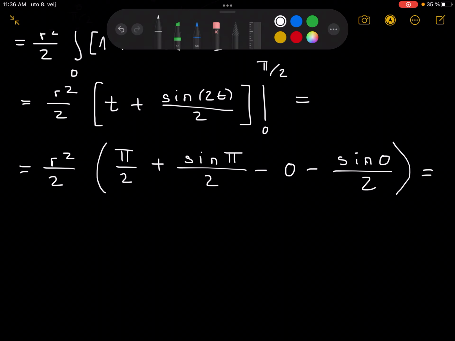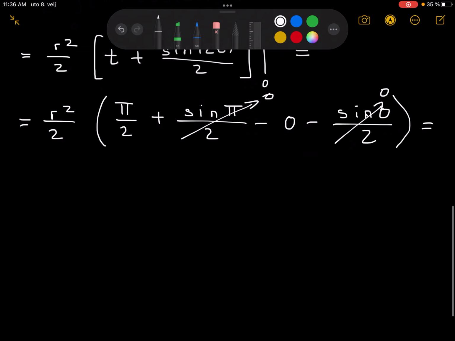And of course, sine of pi is equal to 0, and sine of 0 is also equal to 0. So we're just left with r squared times pi over 4.